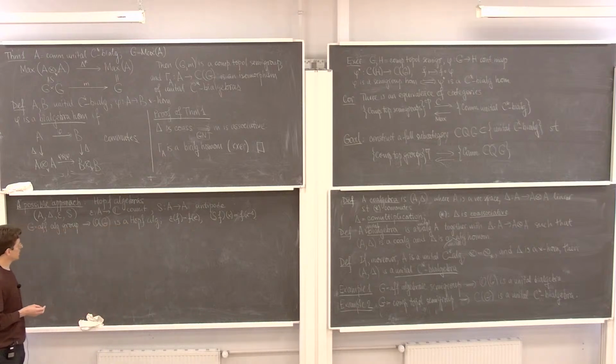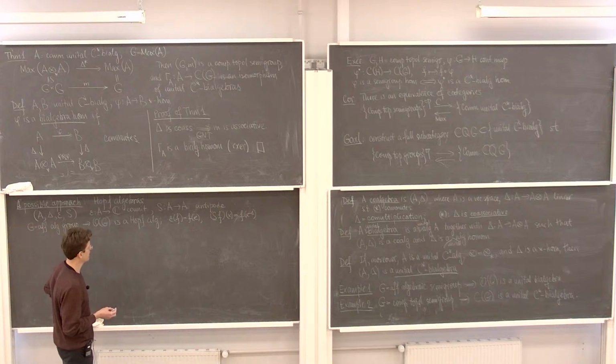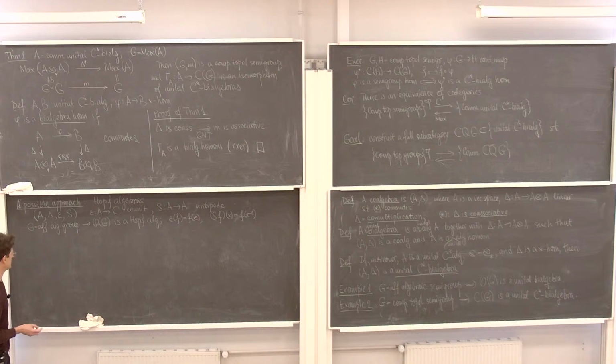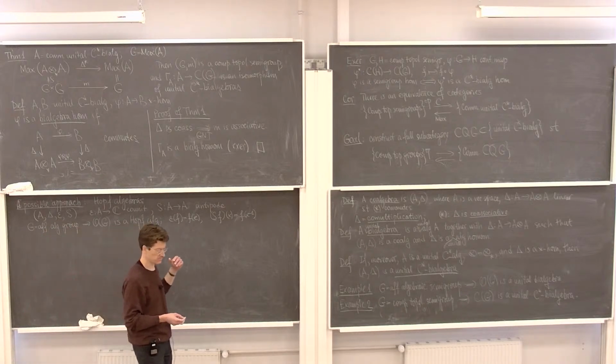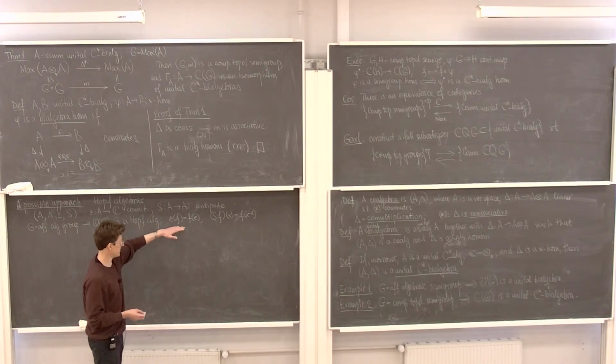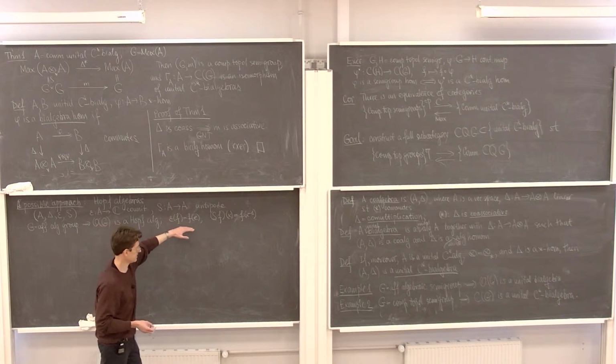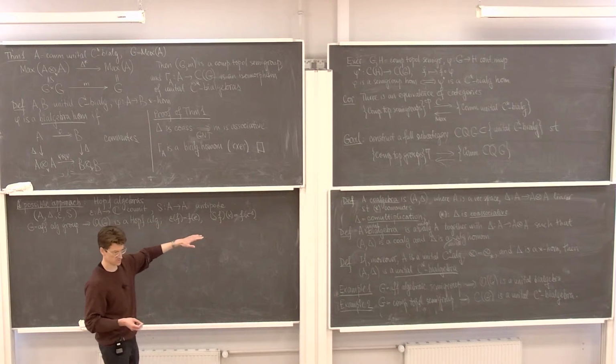In fact, we can define the notion of a Hopf-Sistar algebra in a similar way. Indeed, if we take the algebra of continuous functions on a compact topological group, then we may define a co-unit on C of G and the antipode by exactly the same formulas.